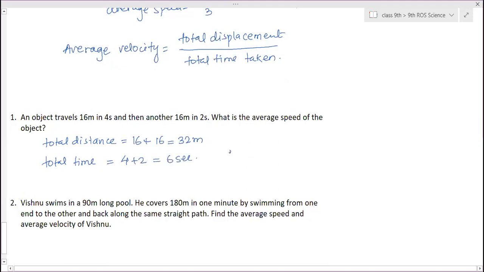So average speed is total distance 32 divided by total time 6, that is 16 by 3, which is 5.33 meters per second.